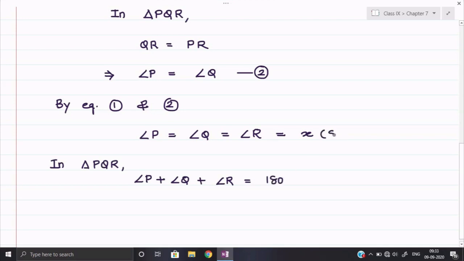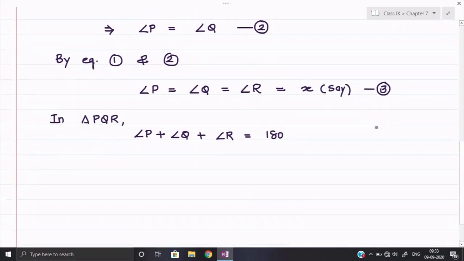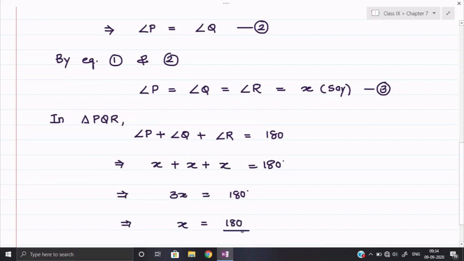This equation I will give as equation number 3. All three angles are equal, so I suppose them as X. So P plus Q plus R, all three angles equal X, so X plus X plus X is equal to 180. Now if I add all the X, that becomes 3X is equal to 180. So the value of X is 180 upon 3, which is equal to 60 degrees.